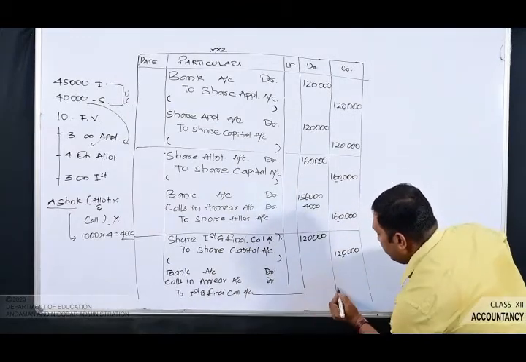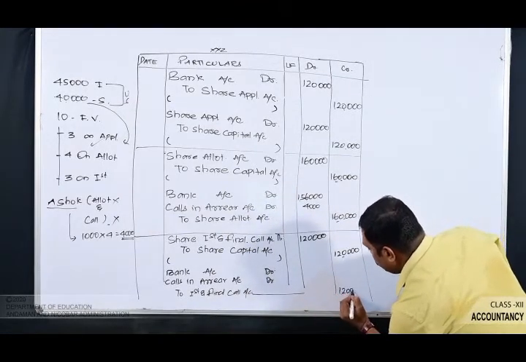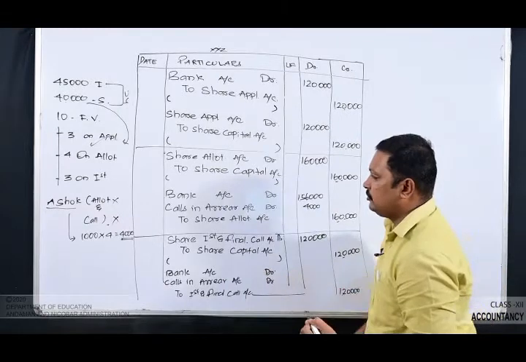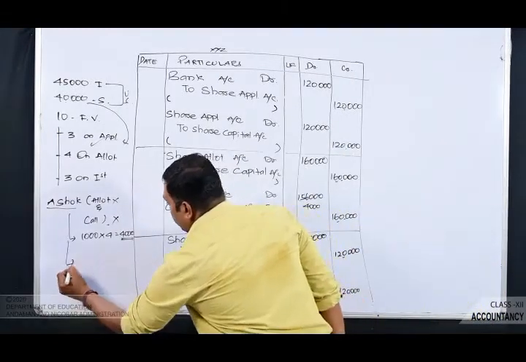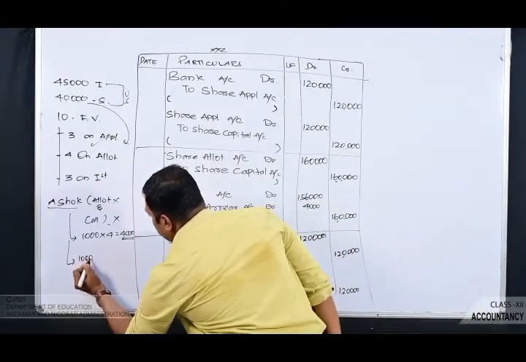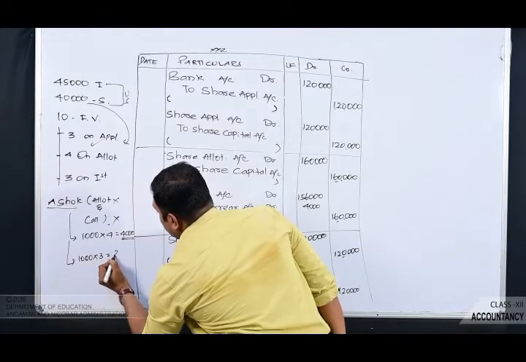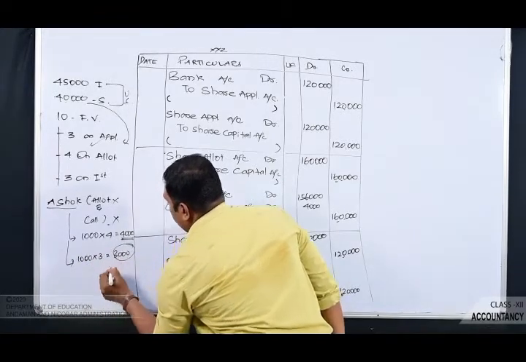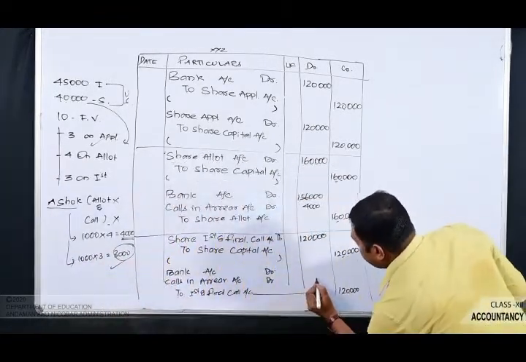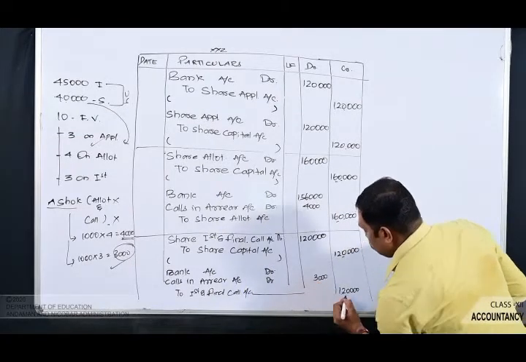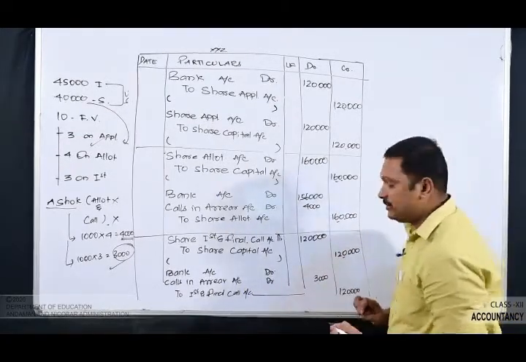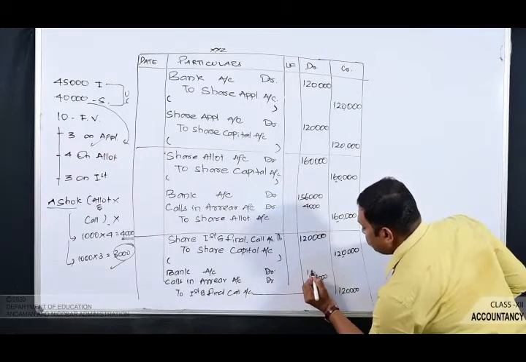How much is due? 1,20,000 is due, and how much calls in arrear for Ashok? Ashok could not pay on 1,000 shares. First call money is 3, so he could not pay 3,000. So you have to write 3,000 here. So out of 1,20,000, 3,000 is not received. So how much might we receive?